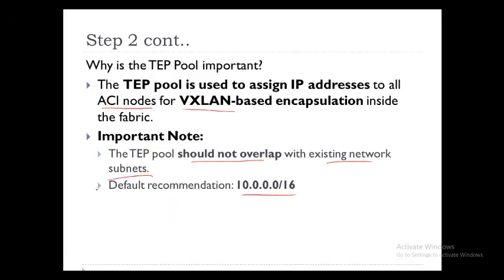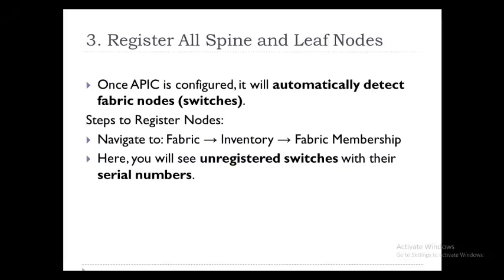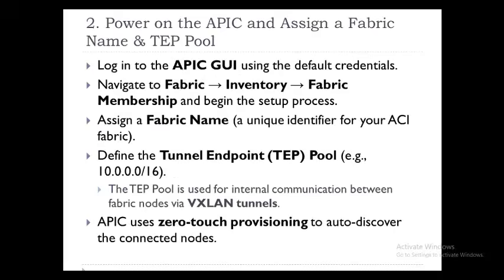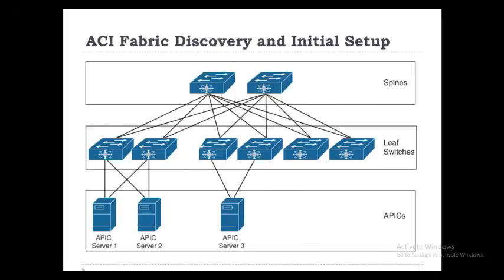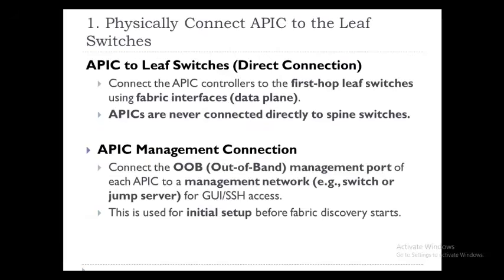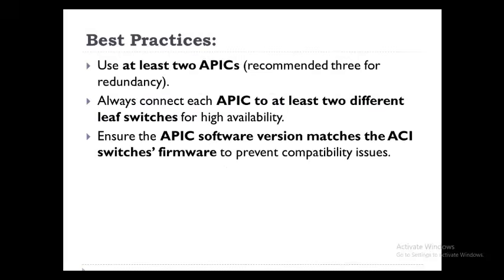Okay, third step. So the first step is you connected the physical wires like this. Second step is you created the pool and you gave a name to the fabric. And now the third step: the pool is ready to assign IP addresses to the switches.